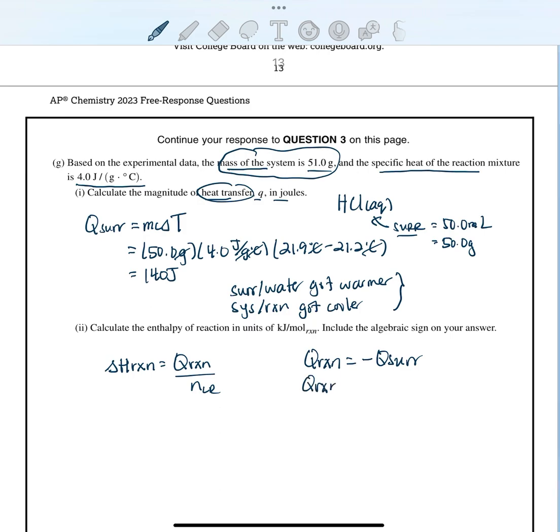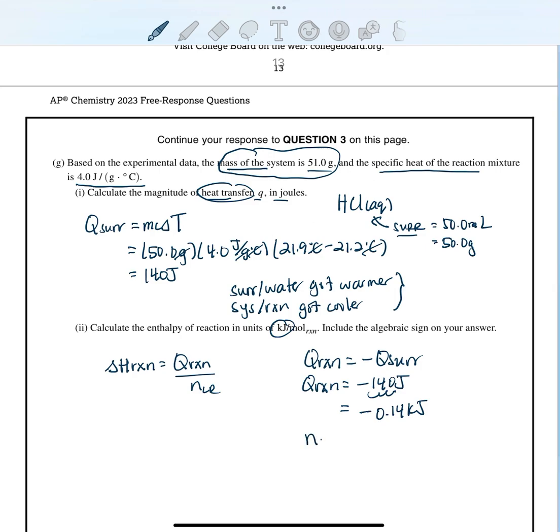So Q of reaction equals negative 140 joules. But we have to convert it to kilojoules because our answer needs to be in kilojoules per mole. That's the standard unit. You move the decimal 3 to the left, so Q of reaction is negative 0.14 kilojoules.